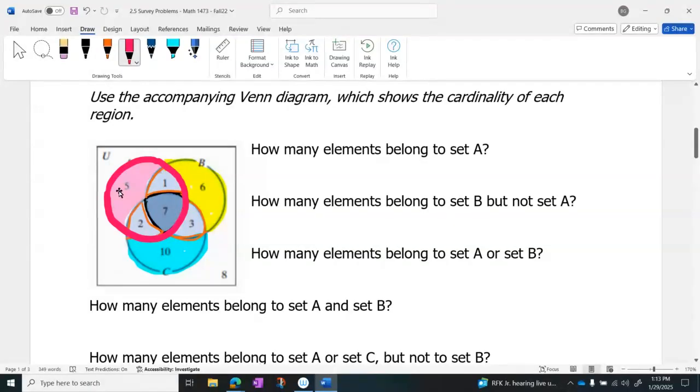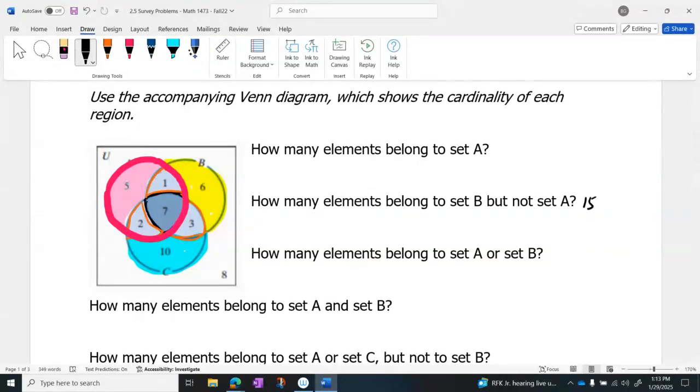Then we would have the cardinality for this circle, which represents set A. And we have 5 elements in the pink region. We have 1 element in this region, 2 here, 7 elements in the center region. And we add them together, 15, right? 2 plus 7 plus 1 is 10, 10 plus 5 is 15. That's how we understand the question, all right?